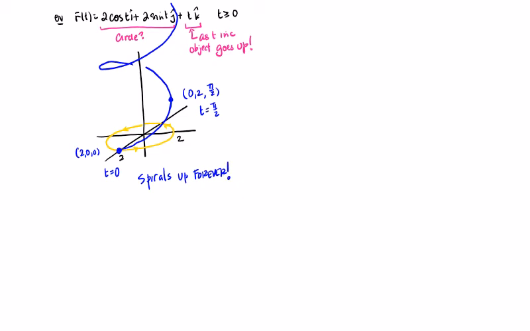And because t is increasing, for example, back here, where it's done a full circle, when t equals 2 pi, it is at 2, 0 again, but now it is up at 2 pi. It is 6.28 units approximately above where it started, because it's done a complete circle in the ij direction, but it has raised up in the k direction.